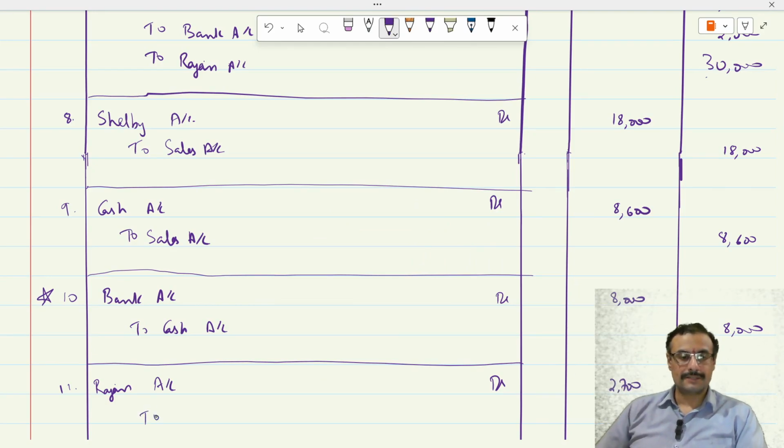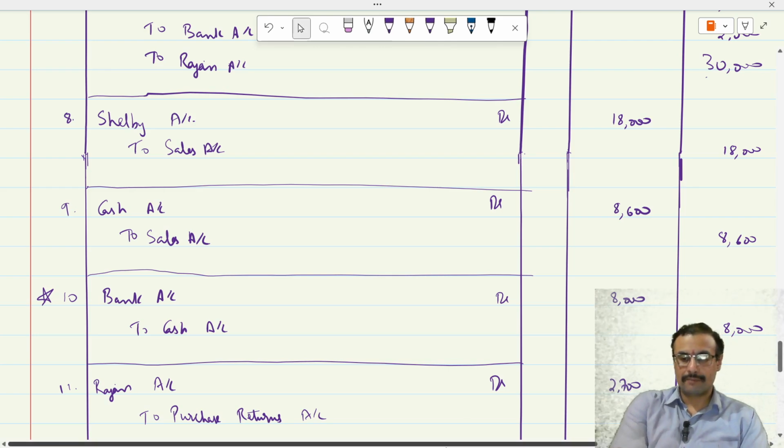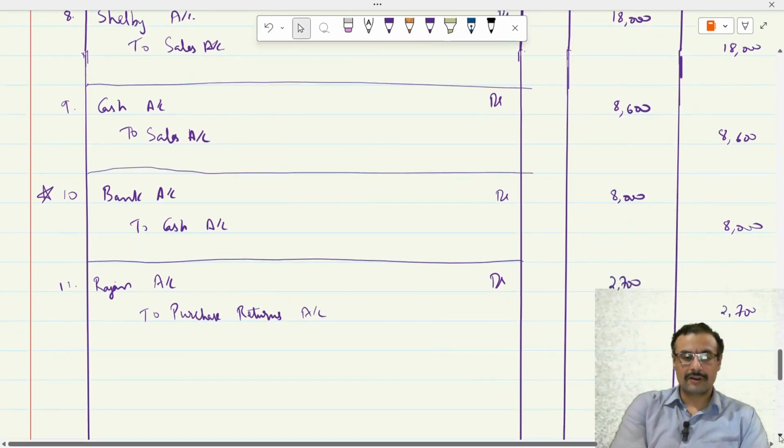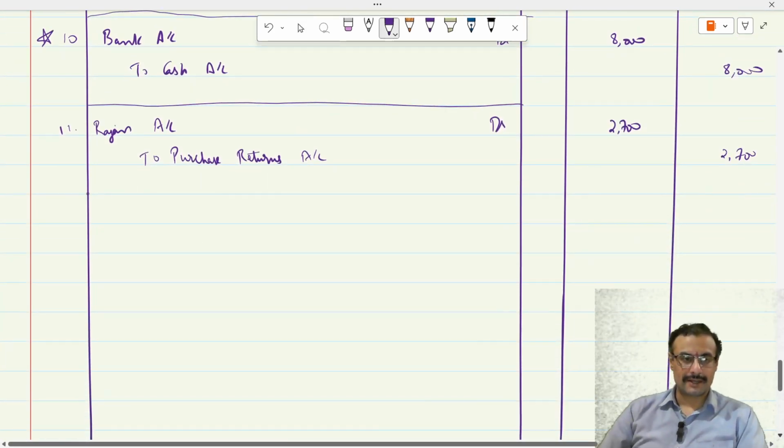How much is my purchase returns? To purchase returns account 2,700. Being purchase returns made to Rajan. You can write like this. Narration, your respective teacher would have taught you. Accordingly, you please write it.